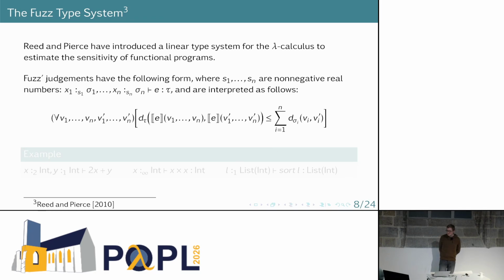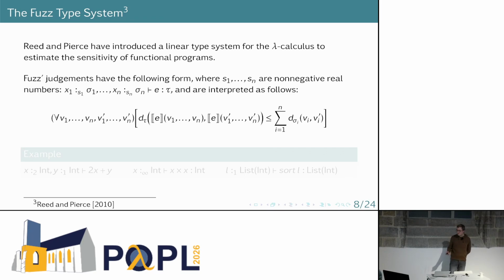So what Reed and Pierce did in 2010 is to notice that judgments which are very similar to those of linear logic, except for grades, real valued grades, can be interpreted as a sensitivity property. So you just take a typing judgment, you add real values to all variable type pairs, and it can be interpreted to mean a sensitivity condition.